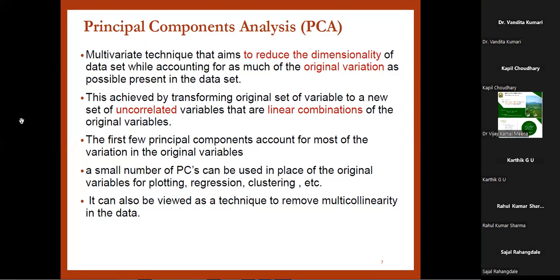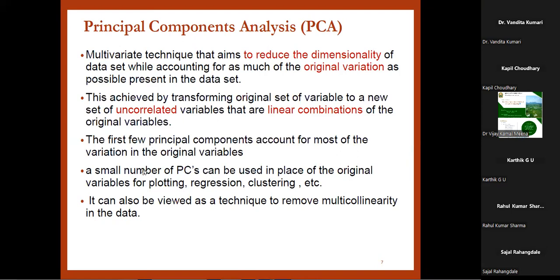So how are we going to achieve this? For achieving this, we are going to transform the original set of variables into a new set of uncorrelated variables that are linear combinations of the original variables. The first few principal components, meaning the first few combinations of the original variables, will represent most of the variation in the original variables. Why are we going to do this?